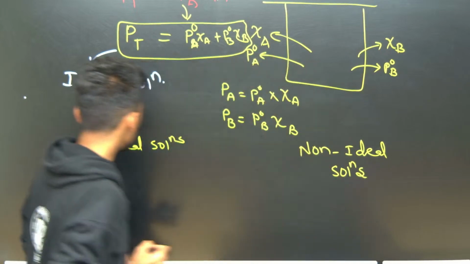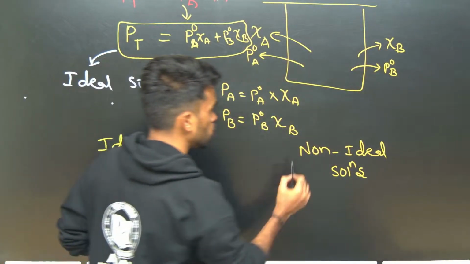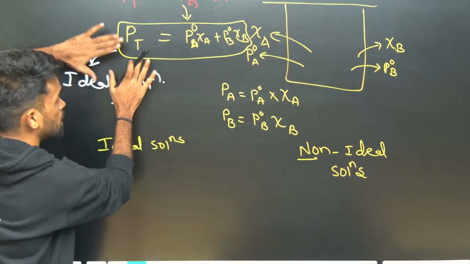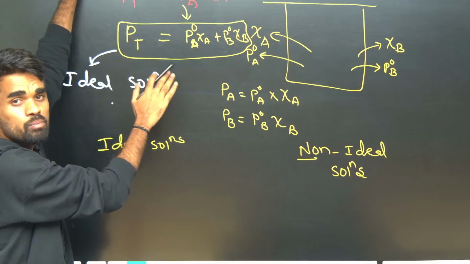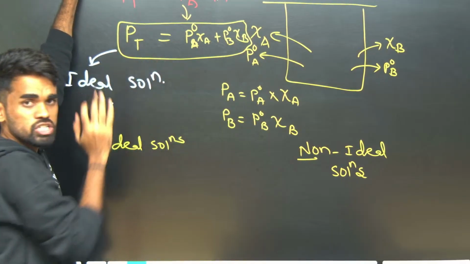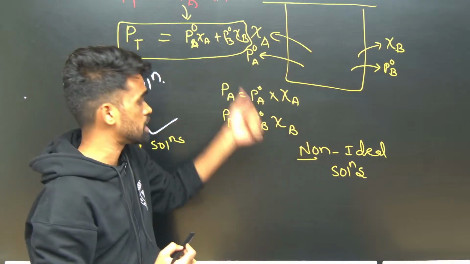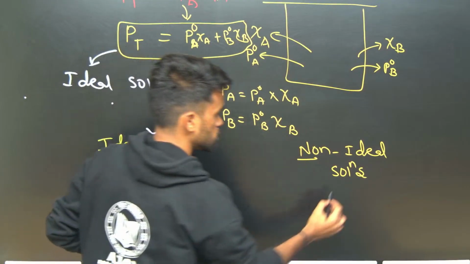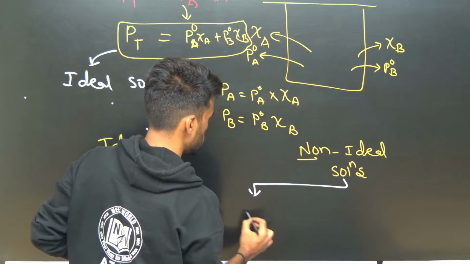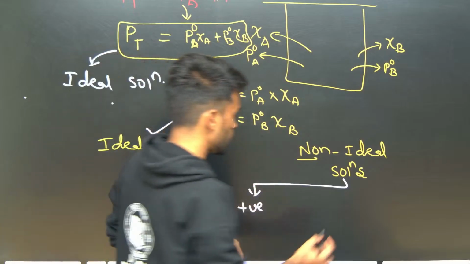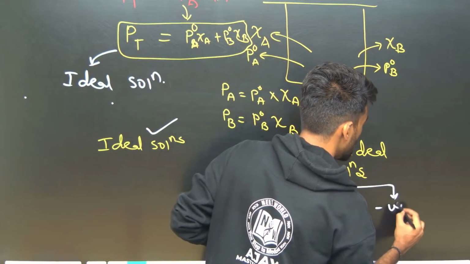Solutions which obey Raoult's law at all compositions and at all temperatures are considered ideal solutions. If they do not obey Raoult's law, they are considered non-ideal solutions. Again these are of two types: one is positively deviated from Raoult's law, and some are negatively deviated from Raoult's law.